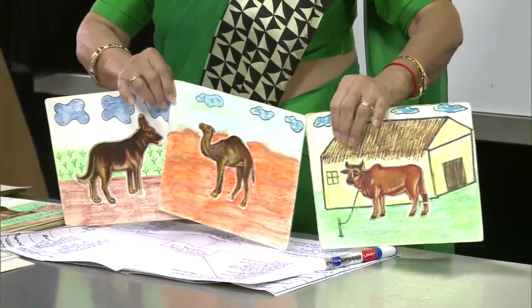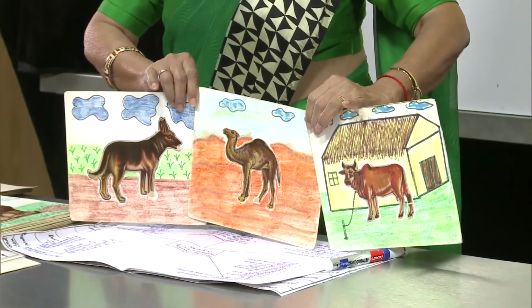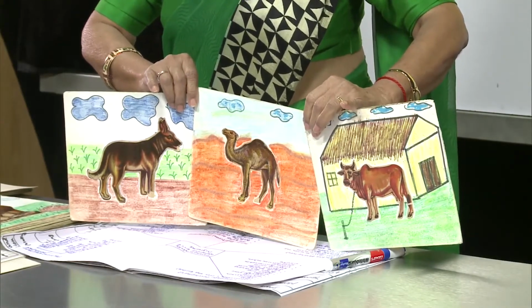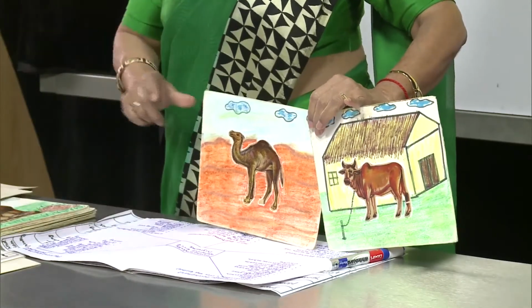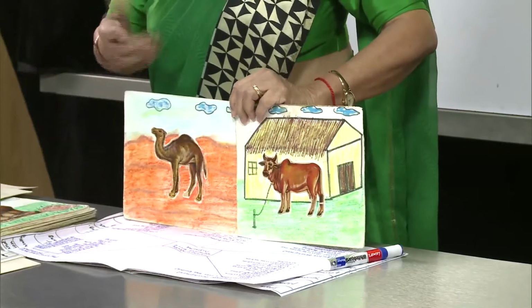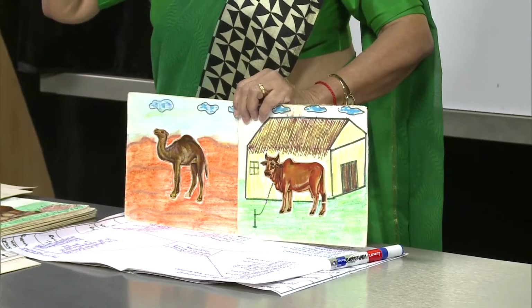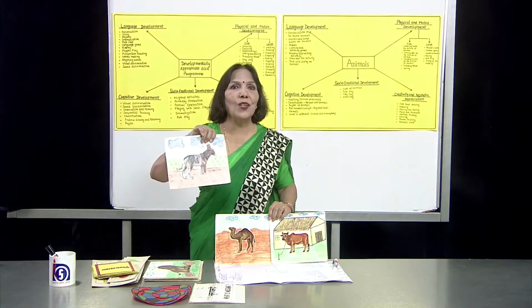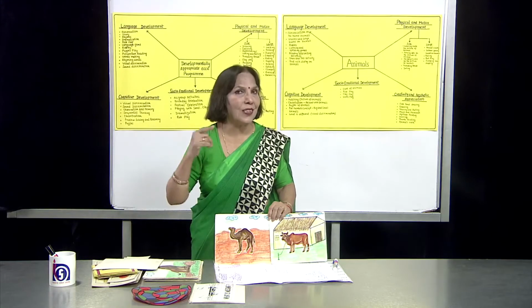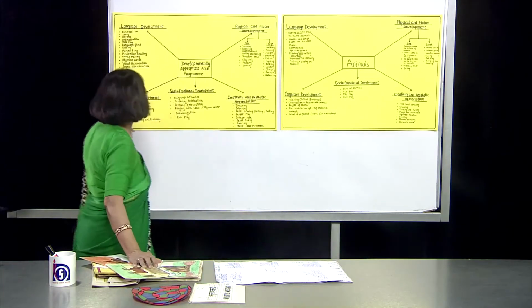Ask the children to observe these pictures and then ask them to close their eyes. When children close their eyes, just remove one picture and now ask them which picture is not there. They will memorize and then they will answer that dog is not there. So, this is called observation and memory activity.